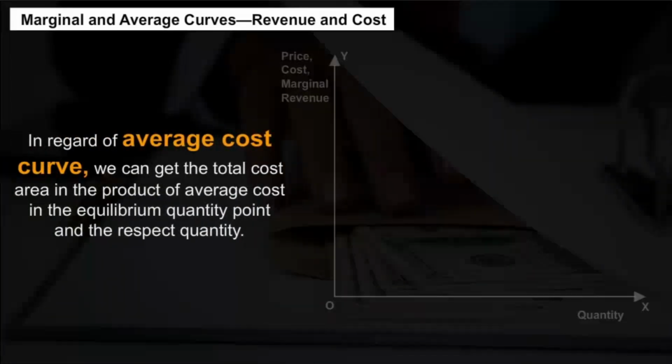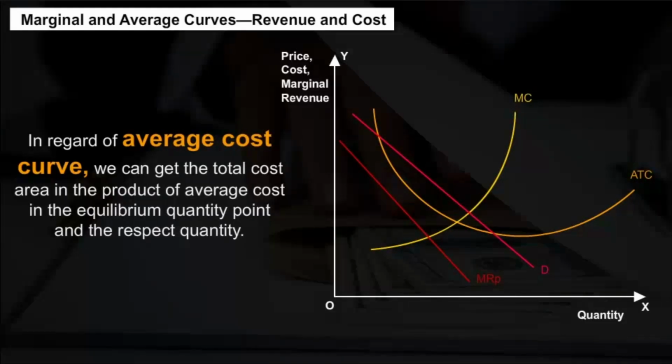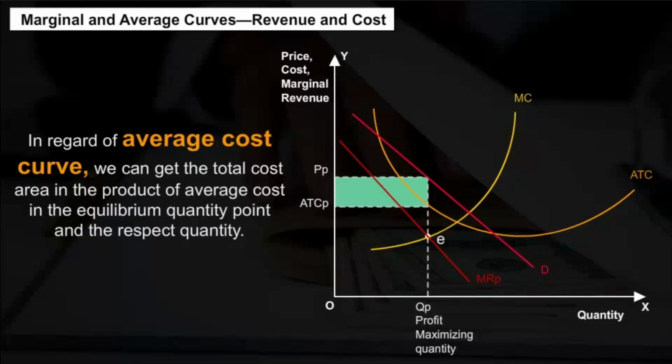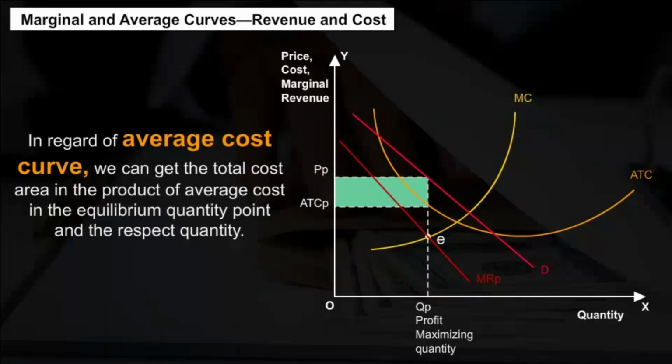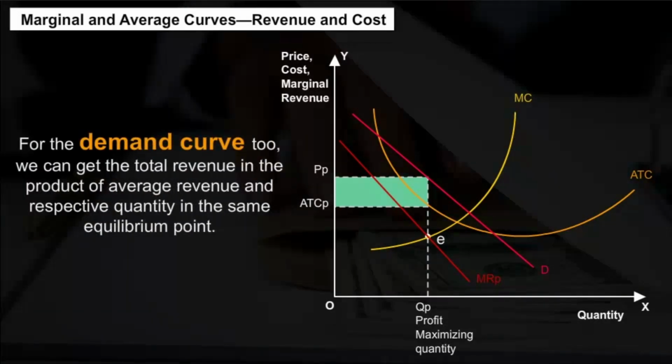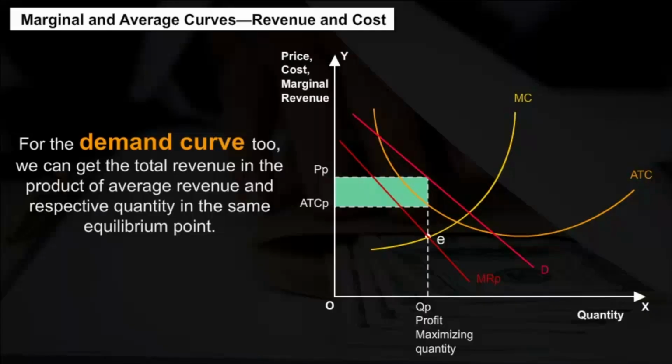In regard to the average cost curve, we can get the total cost area as the product of average cost at the equilibrium quantity point and the respective quantity. For the demand curve too, we can get the total revenue as the product of average revenue and respective quantity at the same equilibrium point.